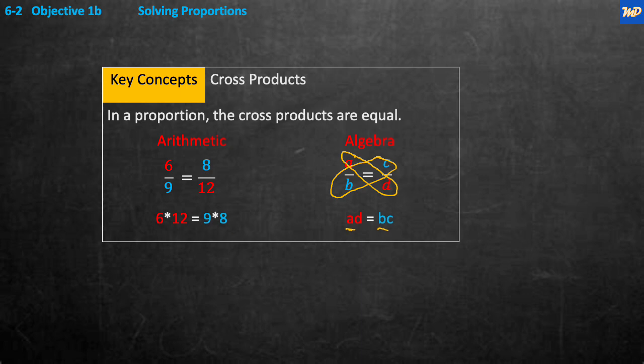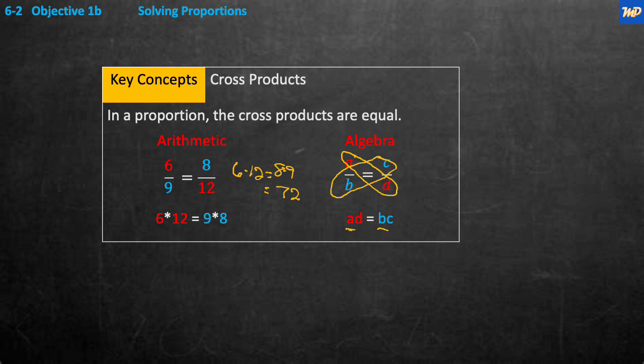And when we do it in reality with numbers, arithmetically, let's see if it's true or not. 6 times 12 is how much? Well, we're going to write it out. We're going to say 6 times 12. Is that equal to 8 times 9? Well, 8 times 9 is 72.